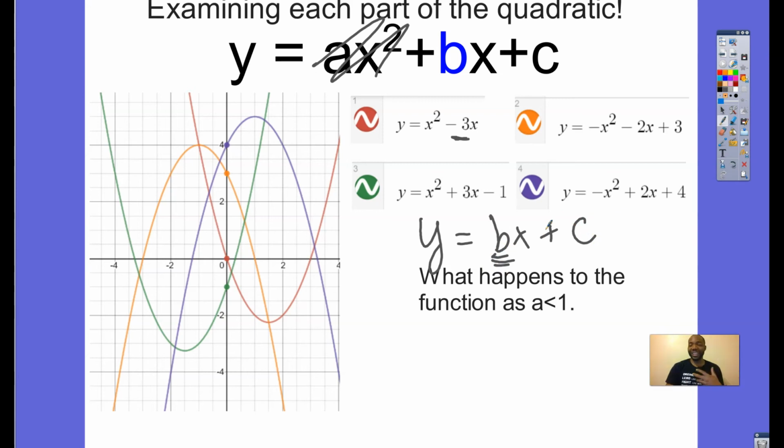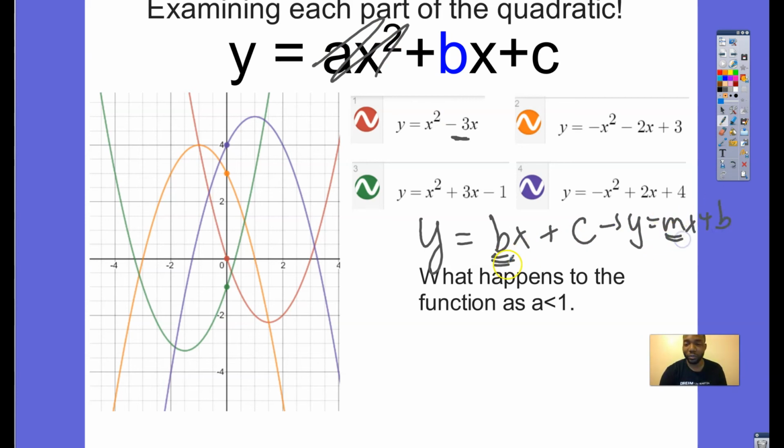If I took out the quadratic part, the ax squared, and we just looked at bx plus c, this reminds you of y is equal to mx plus b. We have quadratic functions because of x squared. That's the reason why it's quadratic, because x is being squared.